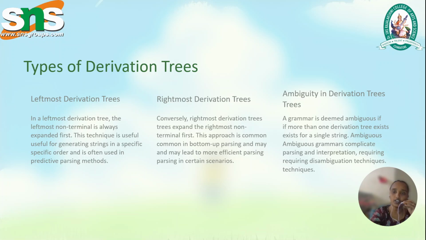More than one derivation tree exists for a single string. A grammar is deemed ambiguous if more than one derivation tree exists for a single string. That is called an ambiguous grammar.